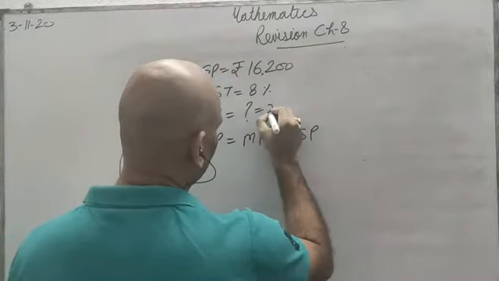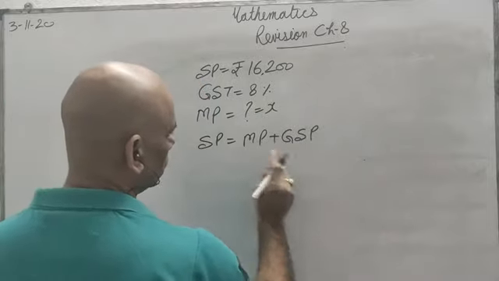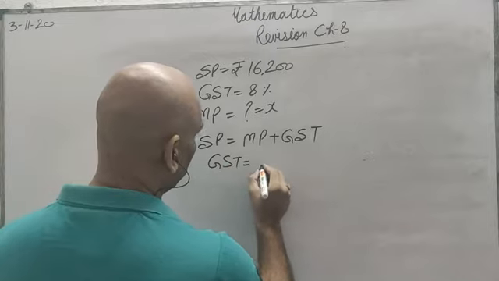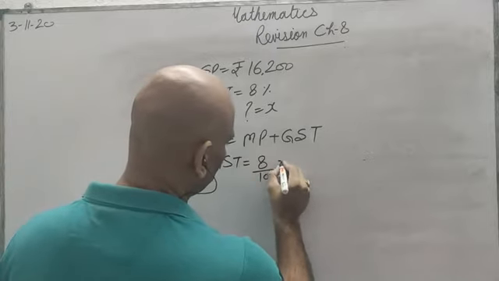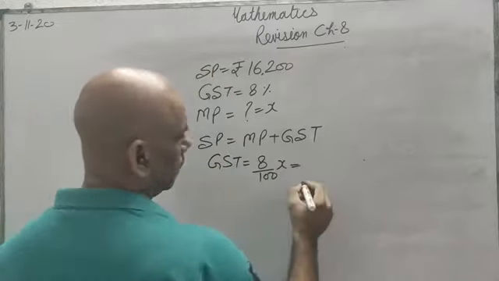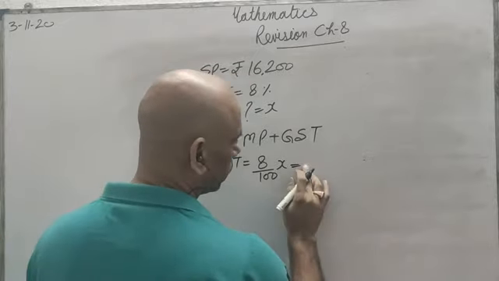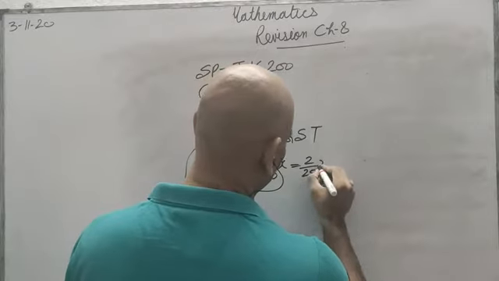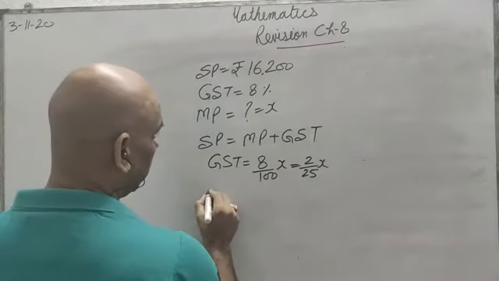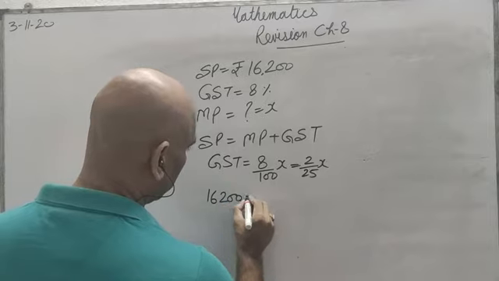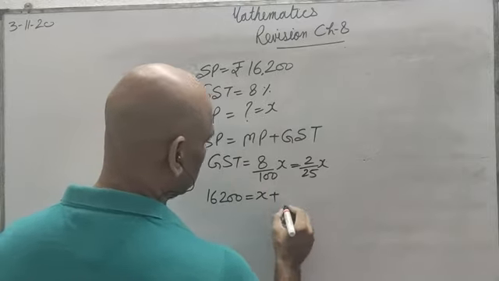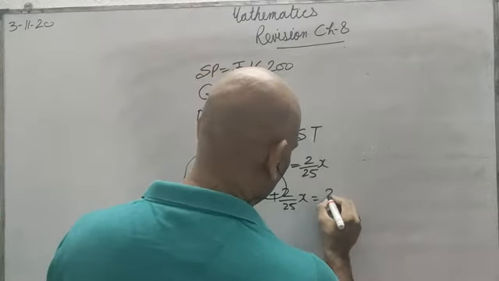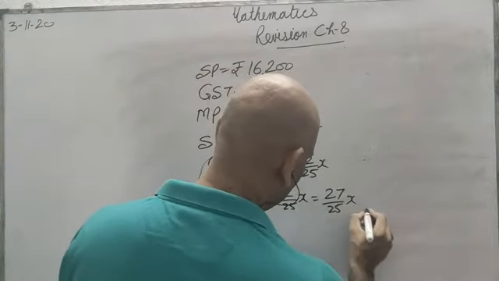If marked price is X, so GST will be 8% of X. You can cancel it by 4, so 2 upon 25. So selling price is 16,200, marked price is X, GST is 2 upon 25 X, and I got 27 upon 25 X.